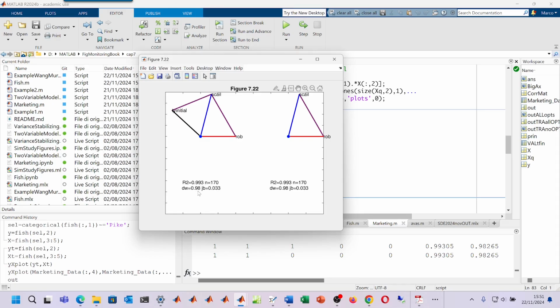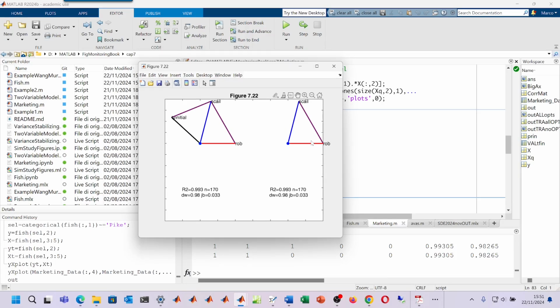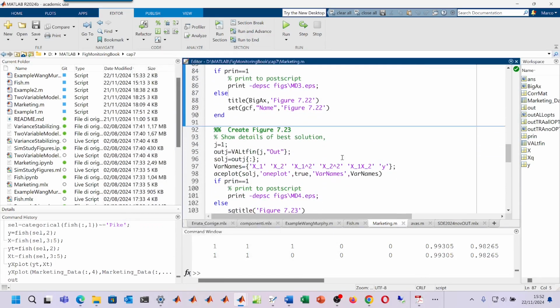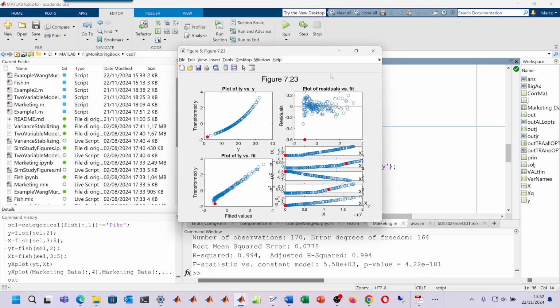The Durbin-Watson statistic says that now the residuals do not suffer from autocorrelation, and the Jarque-Bera test is close to being significant. So the best model has three options, including robustness. And once again, this confirms that there are outliers in this data.